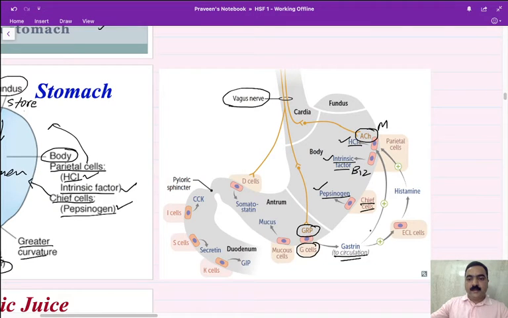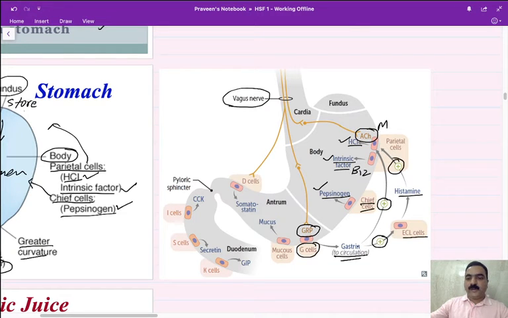Gastrin has a direct action on the parietal cell, directly stimulating it, and also indirectly stimulates the enterochromaffin-like cells, which release histamine, and then the histamine stimulates the parietal cells.